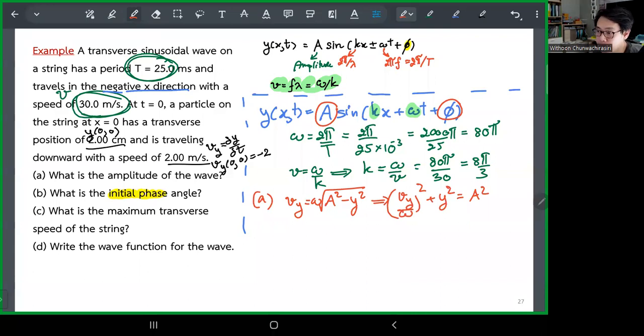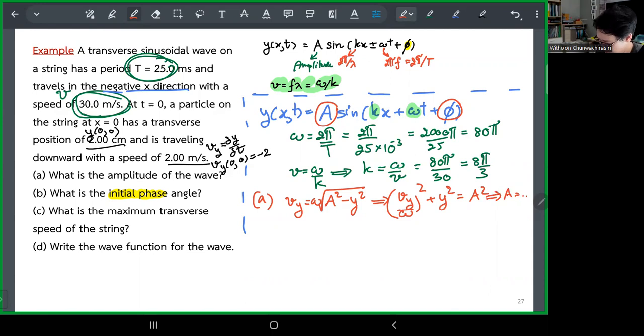Cool? So that's the way that you can figure out the amplitude. Nice. Very nice. So with this, A can be figured out. Of course, I'm not going to punch the calculator at this point. That's going to be a mess.